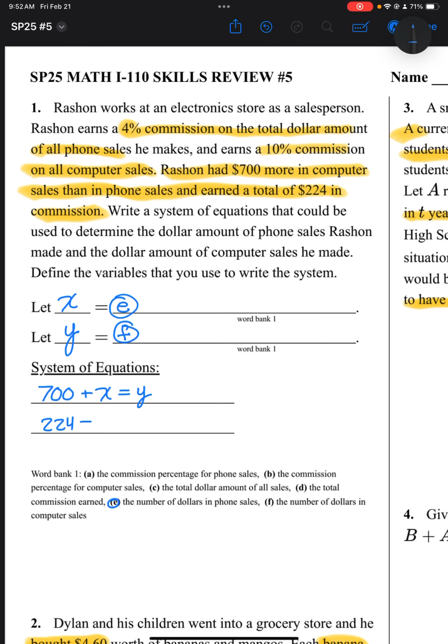What is that being made up of? That's being made of our commission of phone sales, plus our commission of computer sales. And you don't need to solve it, you just had to make the equation. So that's basically what you're going to be doing with this. It's just getting from a word problem and creating the equations you need.